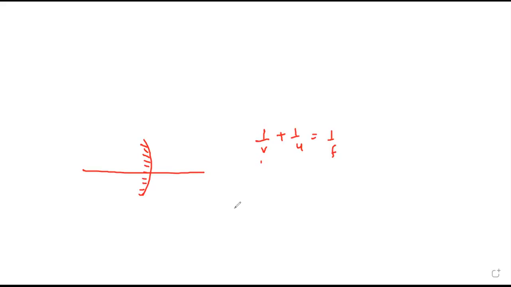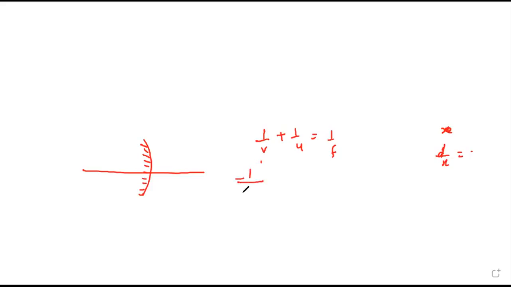What is the rate of change of distance called? Velocity. So to get the velocity of the image, I have to take the derivative. What is the derivative of x? 1. What is the derivative of 1 by x? Minus 1 upon x square.